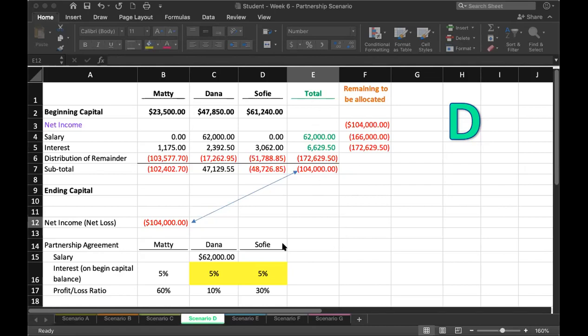So a couple of things that maybe we ought to note regarding partnerships and how they differ from a corporation. A partnership means that each partner can sign contracts and obligate the partnership as a whole on behalf of the other partners.